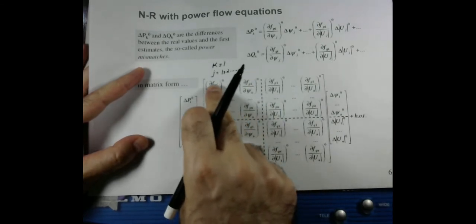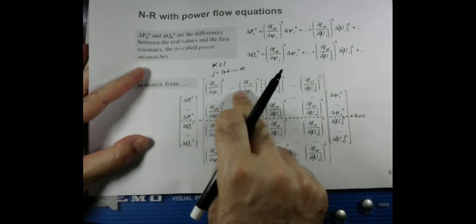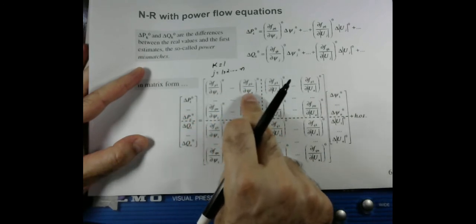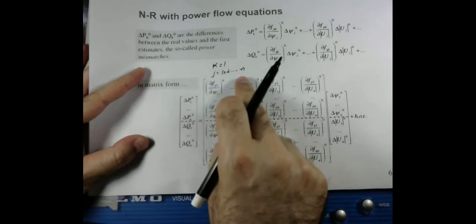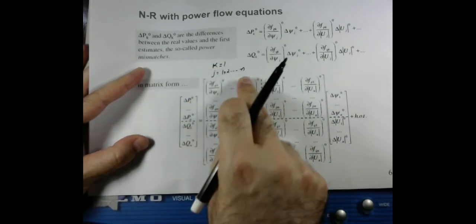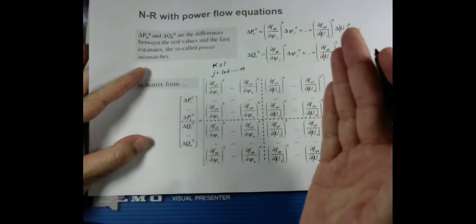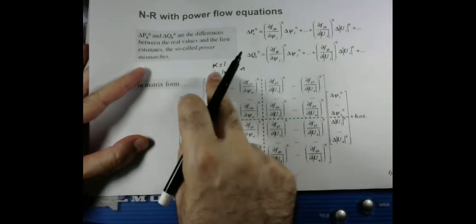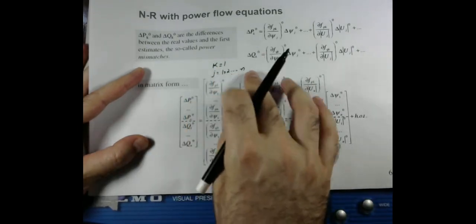Similarly we have other terms. This will be equal to the derivative of P1 with respect to psi 2, and then psi 3, and similarly up to psi n. So for a particular K, we vary J from 1 to n. We know from the calculation in the Gauss-Seidel method that for any value of K, we vary J from 1 to n.